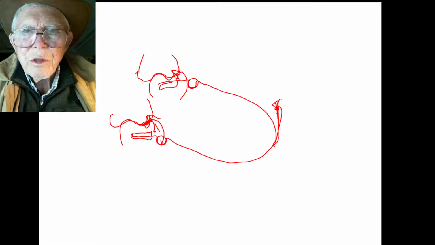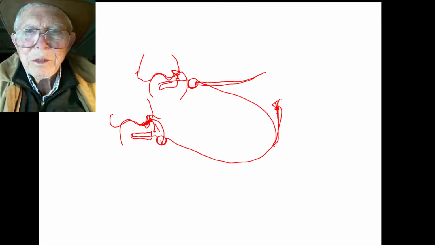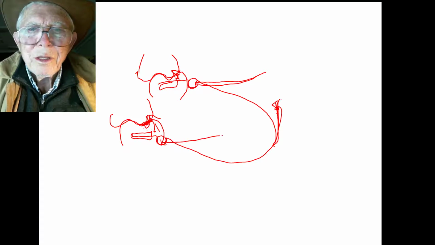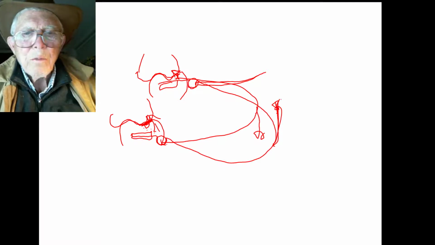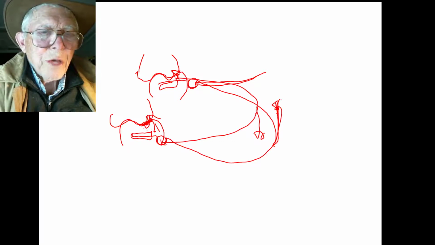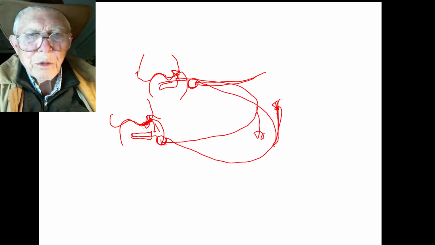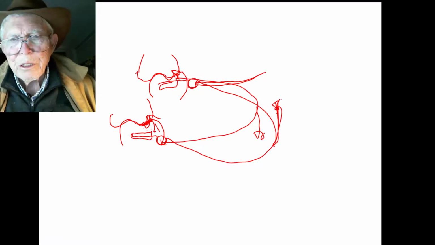Now this arch will be out, it'll be something like this up here. Now it's going down, and these teeth are harder to intrude than it is to extrude a tooth. So you'd think these 6-year molars would move all over the place.